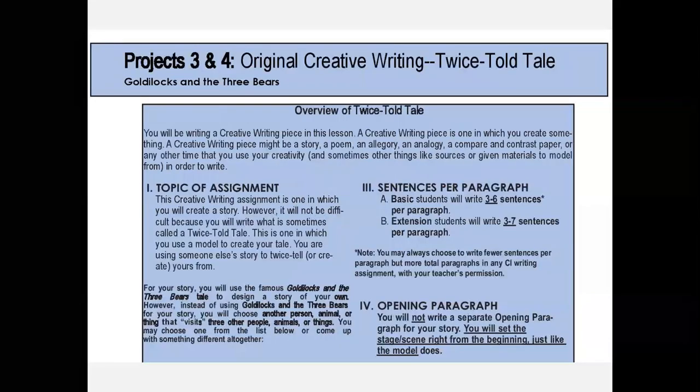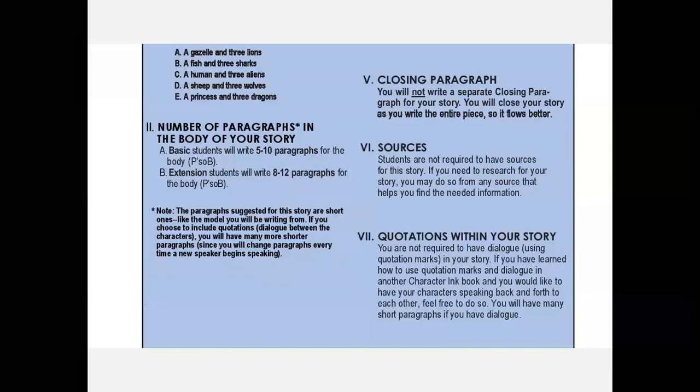I like to give students ideas and tell them you do not have to use one of my ideas. So you can see on the overview page that they could choose a gazelle and 3 lions for their visitation. They could choose a fish and 3 sharks. They could choose a human and 3 aliens. They could choose a sheep and 3 wolves. They could choose a princess and 3 dragons, or anything else that they want. They don't have to use one of those.